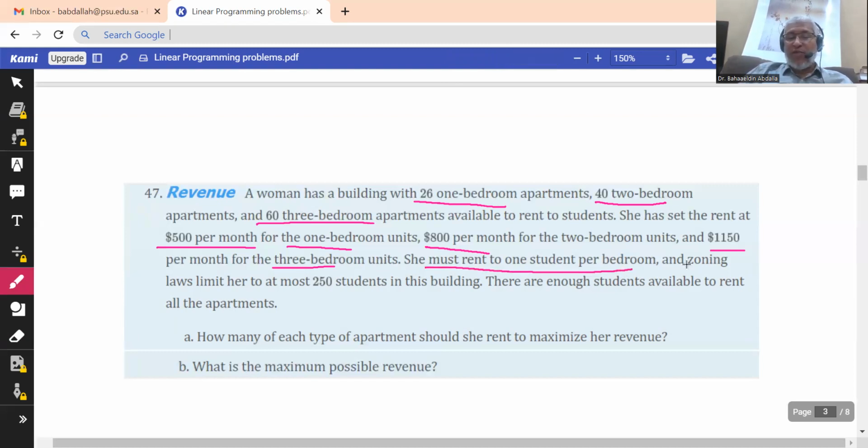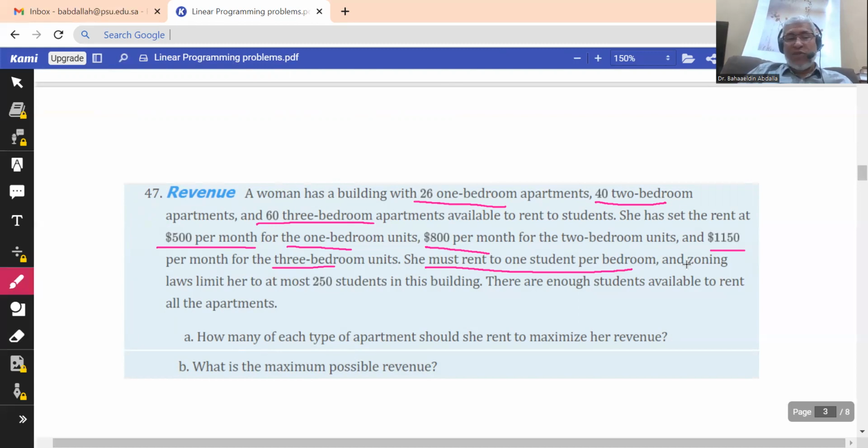So only one student will rent per bedroom. So even though here we have two bedroom apartments, one student will rent this room. Also three bedroom apartments, one student per bedroom. Okay, here we have three bedrooms, so there will be three students.